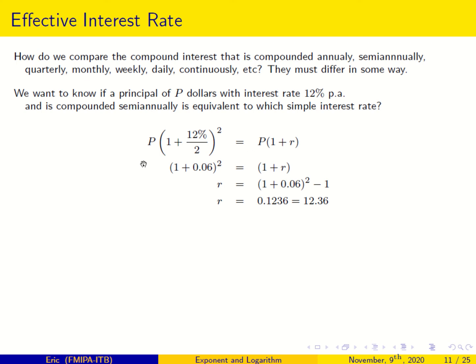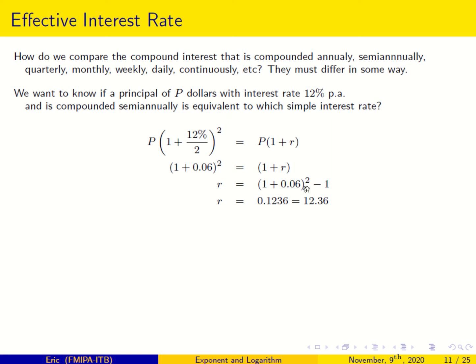The principal is the same. This is the compound interest rate for semi-annually. So I have this, and R, the simple interest rate, is given by this one. And we usually call this the effective interest rate. So 12% PA is the interest rate. What is the effective interest rate when it is compounded semi-annually?